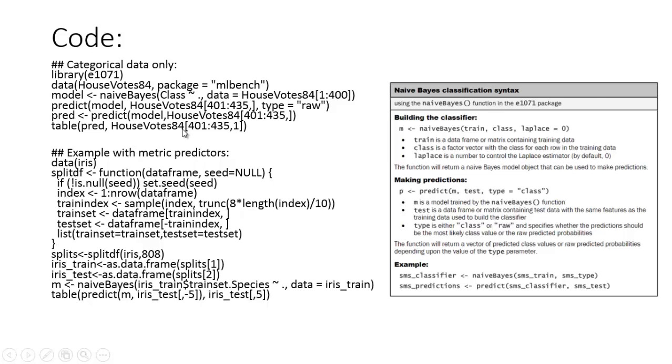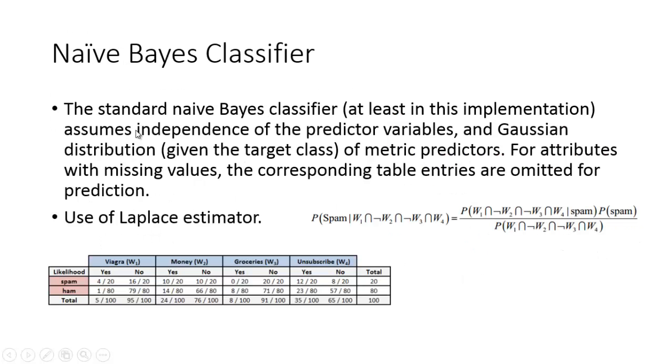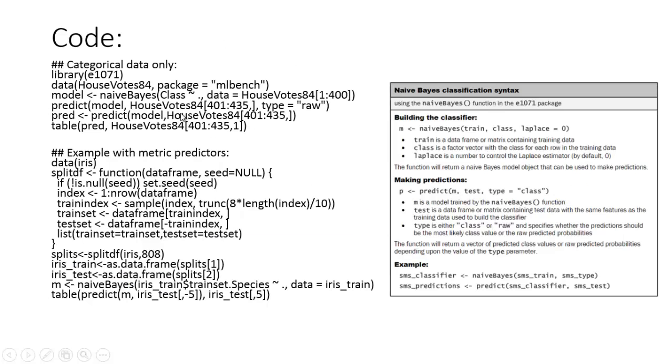Why am I emphasizing that the naive Bayes classifier should assume independence of the predictor variables? In this code, I have called the library e1071, which includes the naive Bayes function. Then I have called the dataset households 84.